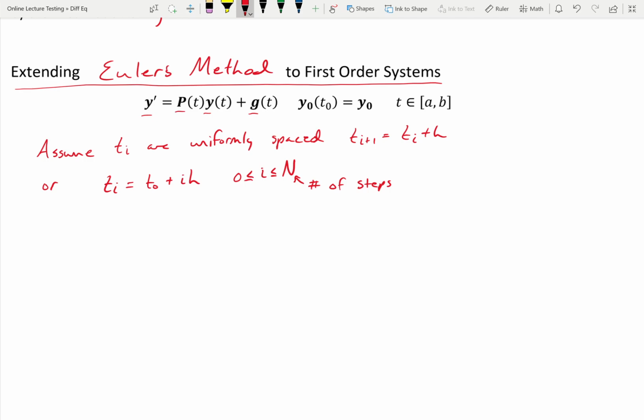The nice thing is if we use limits, we can get our limit definition for y prime. We get this approximation of what y prime is.